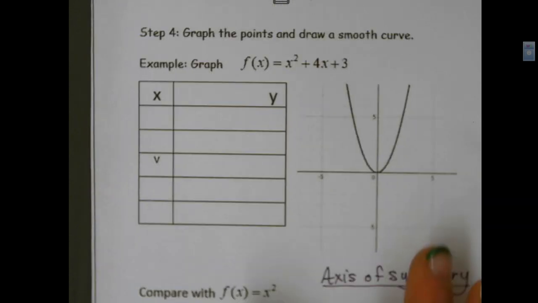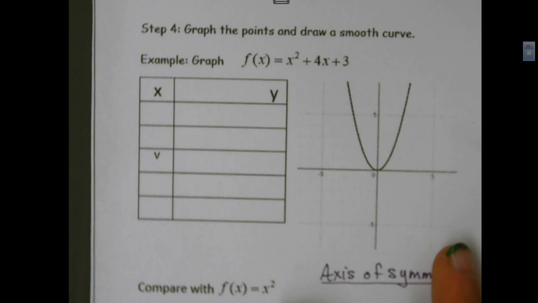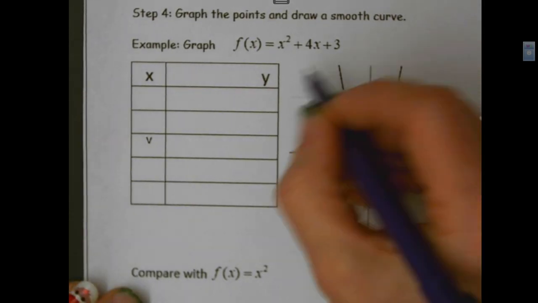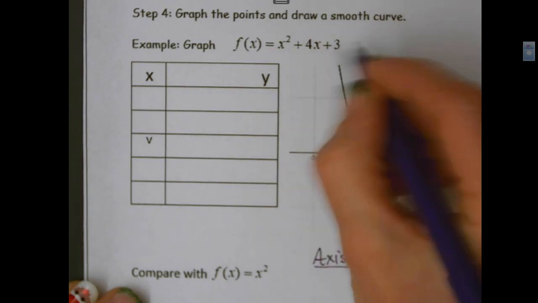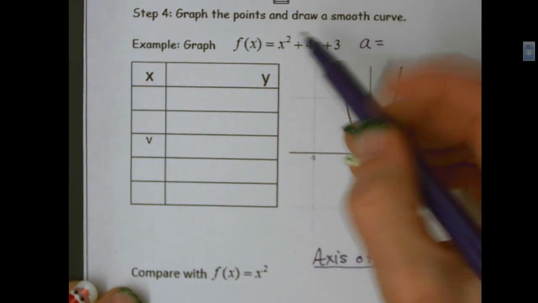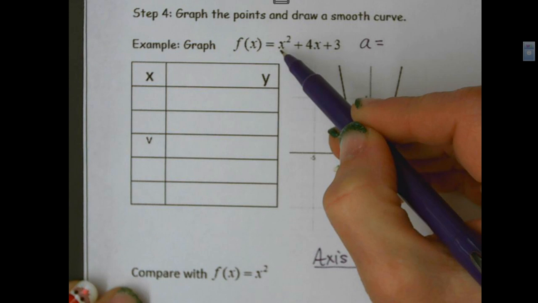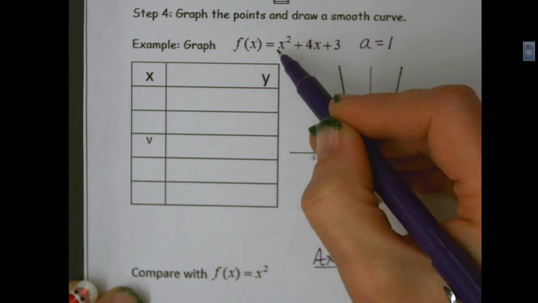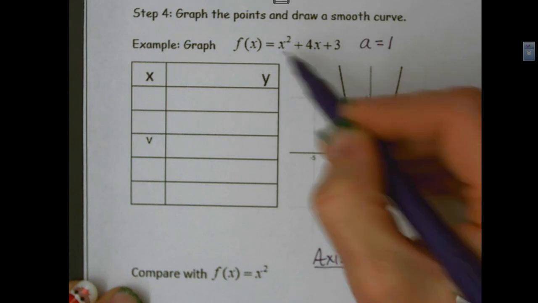So the first thing we're going to do is find that axis of symmetry. Well, we're going to label what a, b, and c are based on the function here. So a is going to be equal to what's in front of the x squared term. And sometimes it's an invisible 1. Sometimes it's going to be a different value, but that's what A is.